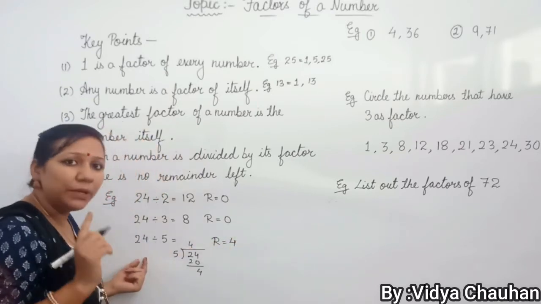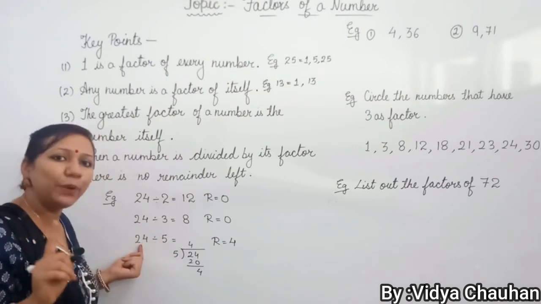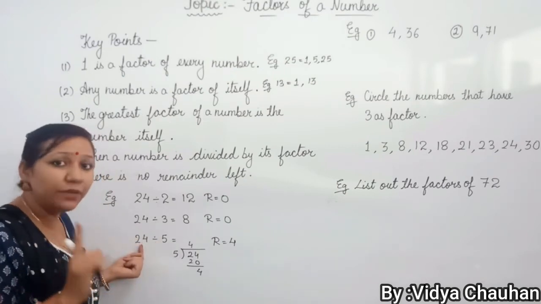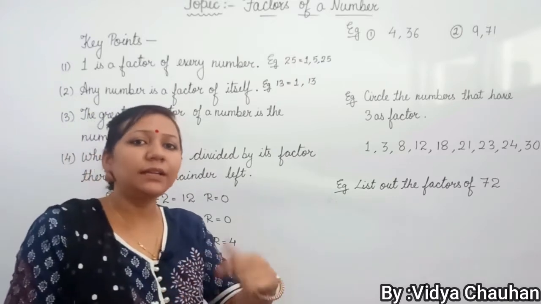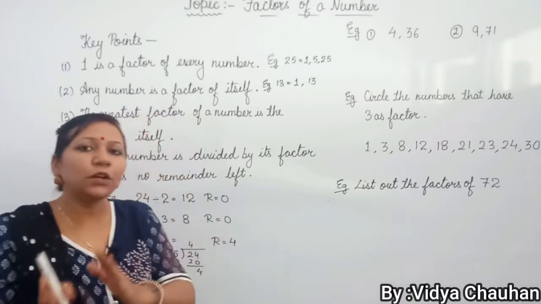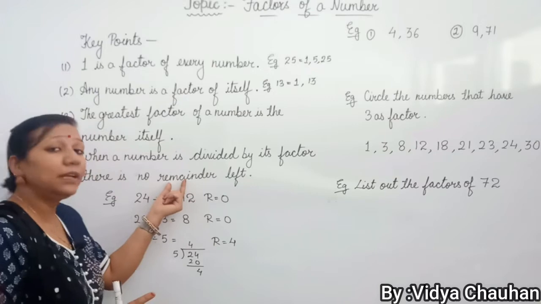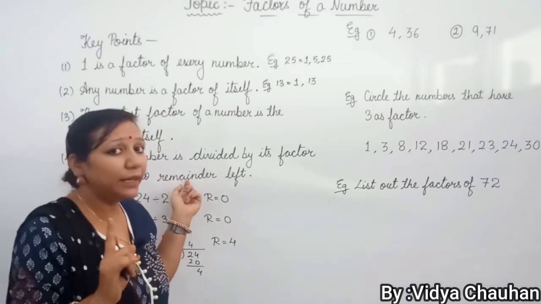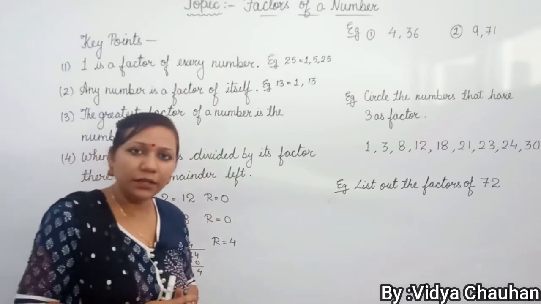That means 5 is not a factor of 24. So a number is a factor of a second number if and only if there is no remainder left while dividing. I hope these key points related to factors are clear to all of you.